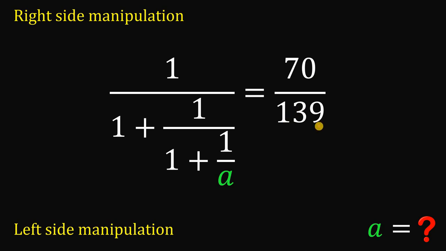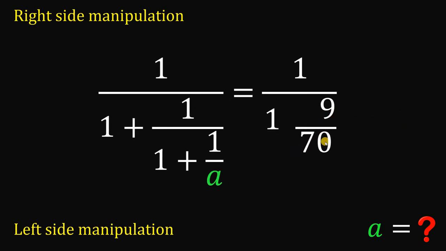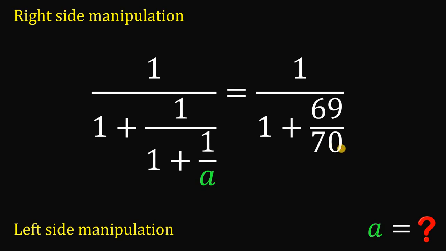Now 70 over 139 can be written as 1 over 139 over 70. If we divide 139 by 70, we get 1 remainder 69. Therefore, 139 over 70 can be written as 1 plus 69 over 70.